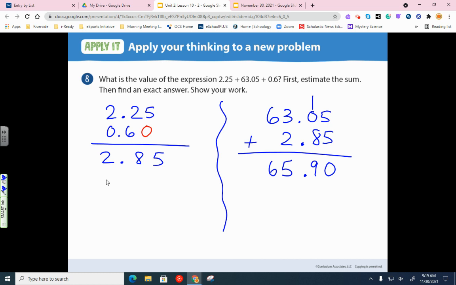So there's that. So our answer for that one is 65.90, or since that 0 has no place value and there's nothing to the right of it, you can call it 65 and 9/10. 65 and 9/10 and 65 and 90 hundredths are the exact same value, just so you know.